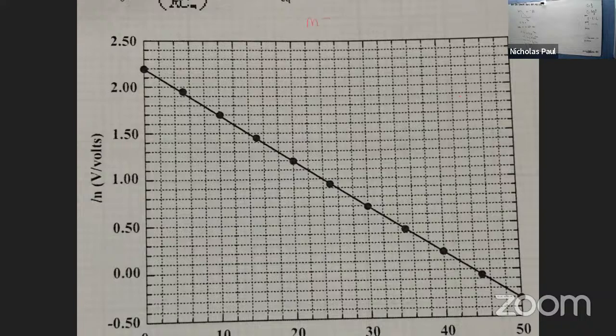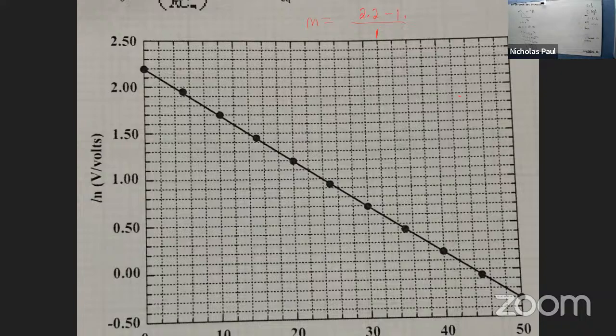Right, so the gradient is equal to, what did you all say? 2.1, 2.2. 0.1, 2.2. But use a point at the top, that's 4.2.